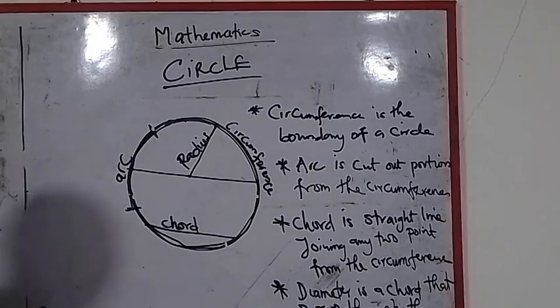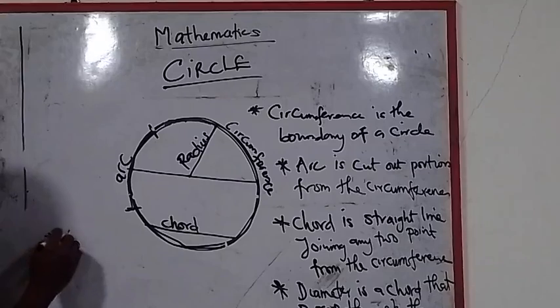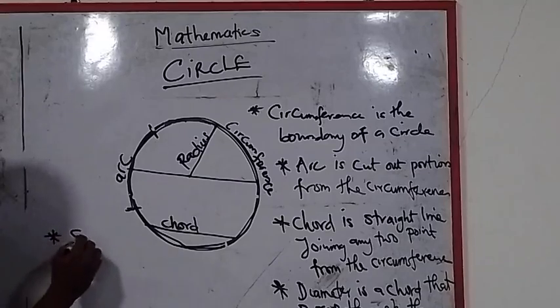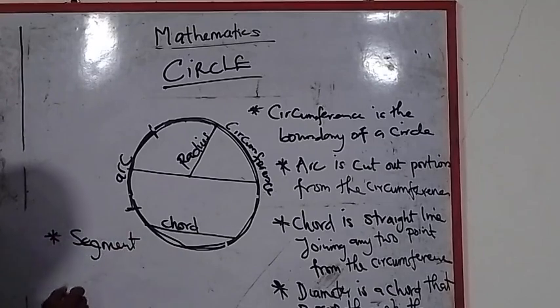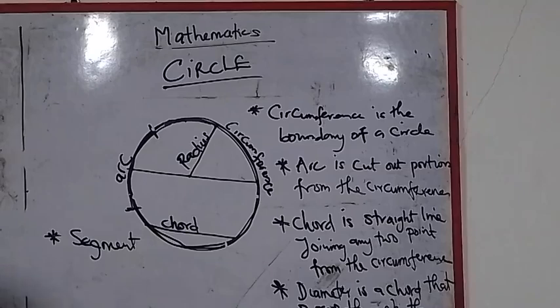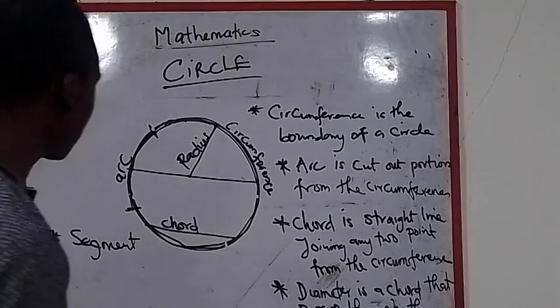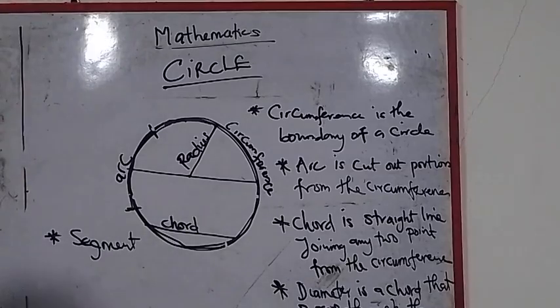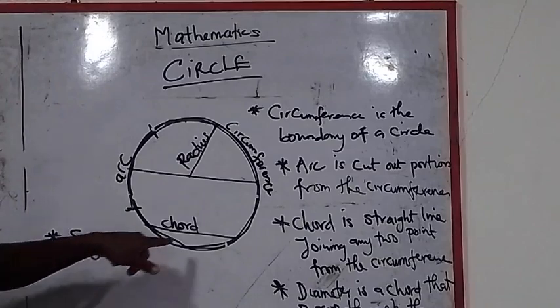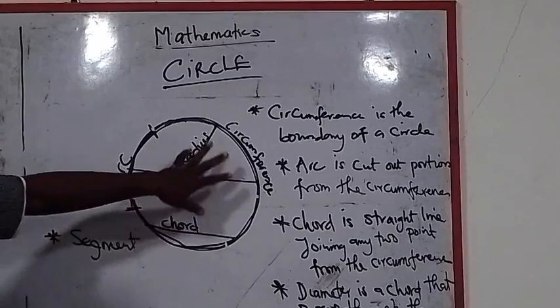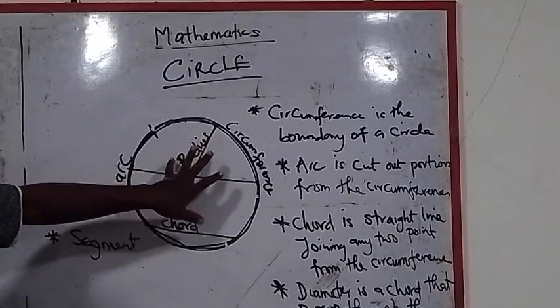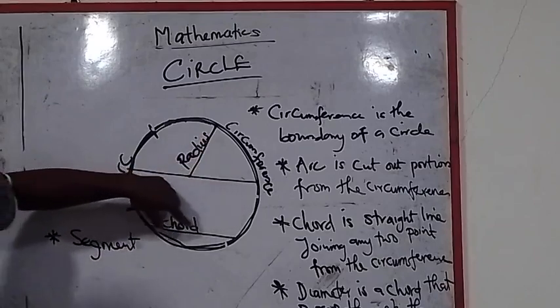The next thing I want to talk about is segment. Some people are missing the word segment and sector. I will explain that, don't worry. I will start with this chord.